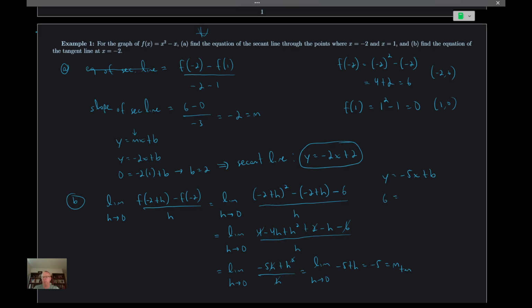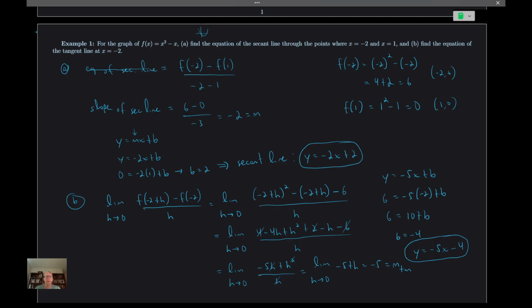So in this case, we have to use this point. So we get 6 equals 10 plus b, so b is going to be -4. And so then our equation is y equals -5x minus 4.